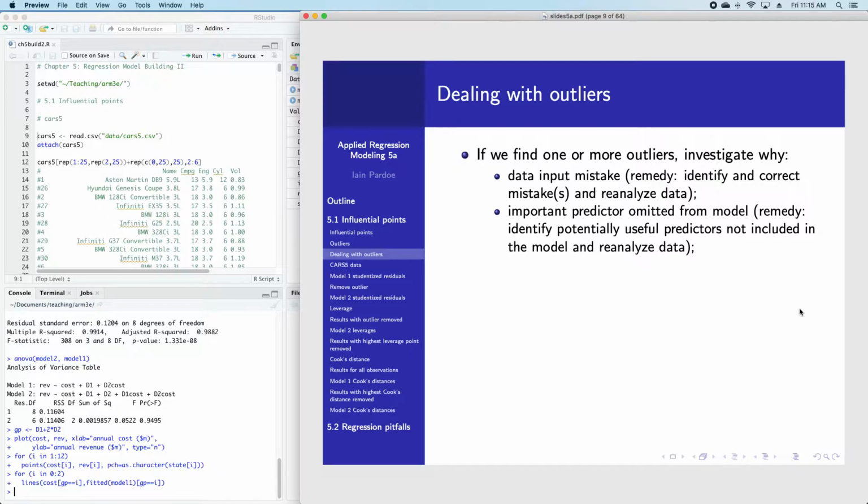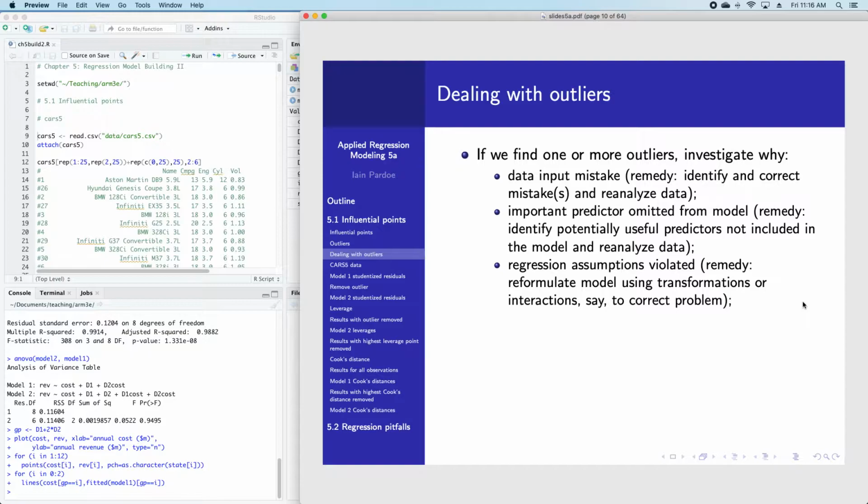The new model with the important predictor is able to get a better sense of the patterns in the data and gives us a predicted value y hat for that observation that no longer differs greatly from its observed response value, and so it's no longer designated an outlier.